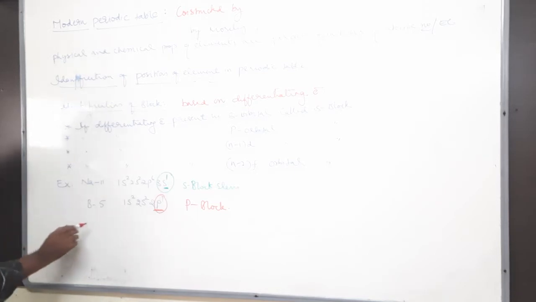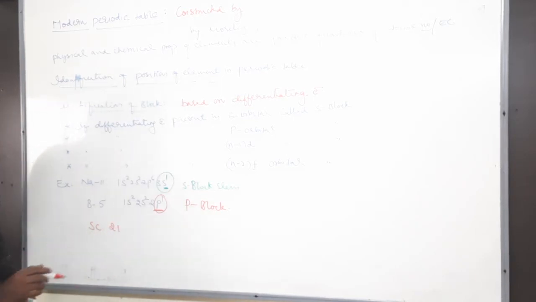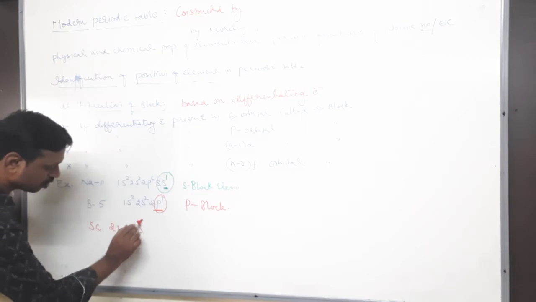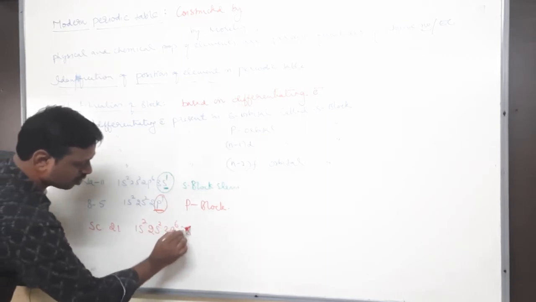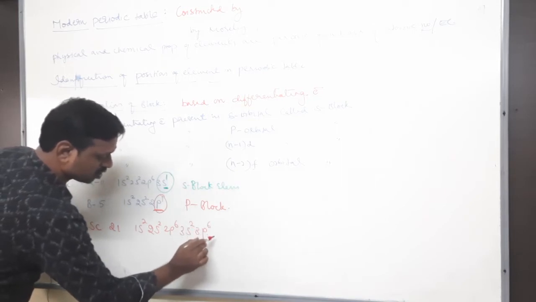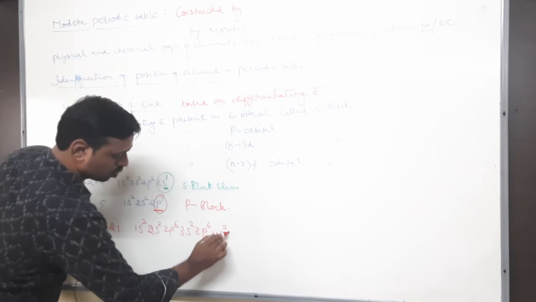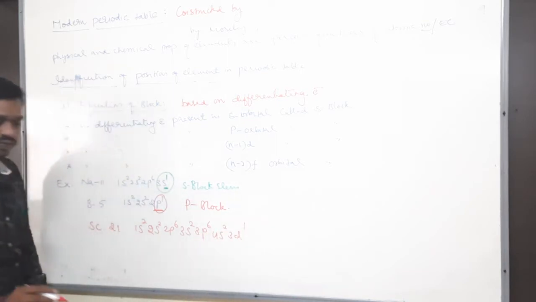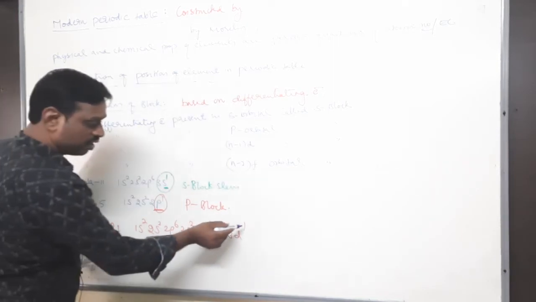Next, scandium, atomic number 21. Write the electronic configuration: 1s2, 2s2, 2p6, 3s2, 3p6, 4s2, 3d1. Then tell me where the differentiating electron is present? 3d1, that is d1.